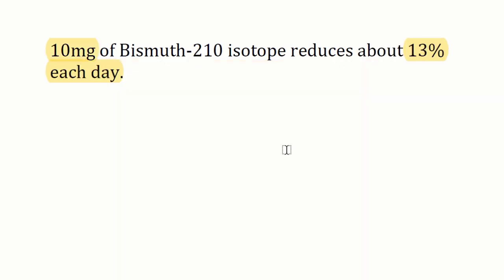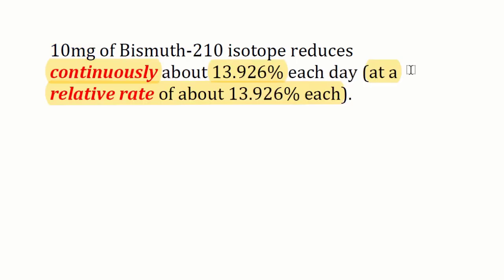Either we are indicated by just some general periodic rates like this, or using specifically the continuous rate. So continuous rate a lot of times looks a little bit different from the periodic rates. And continuous rate is the same as relative rate.